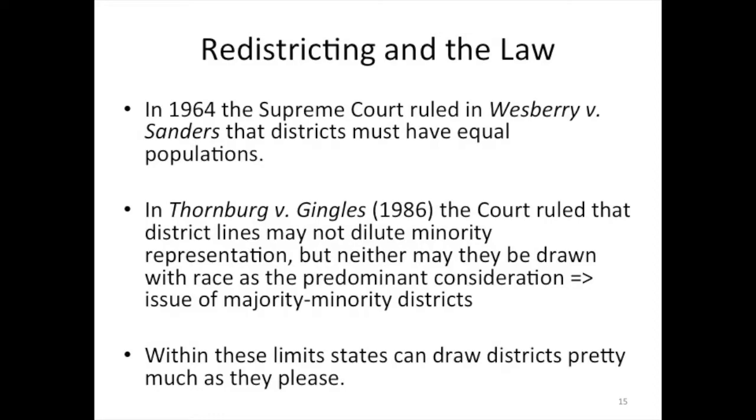But states also have to be careful not to dilute minority groups, right? So states must be careful not to draw district lines in a way that purposely separates the groups so that a representative doesn't support their interests. So this goes back to the idea that we want equal representation as much as possible.